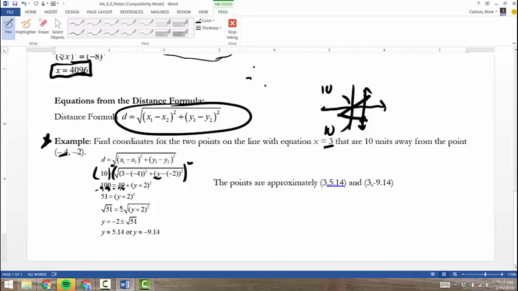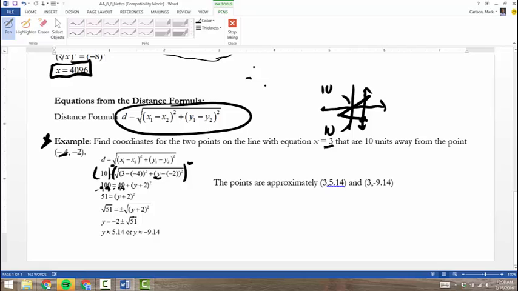And then I want to take the square root of both sides. When I do that, I really get two separate answers, because when I take the square root, it could be the positive or the negative value. So I have plus or minus y plus 2, because the square root and square undo each other.